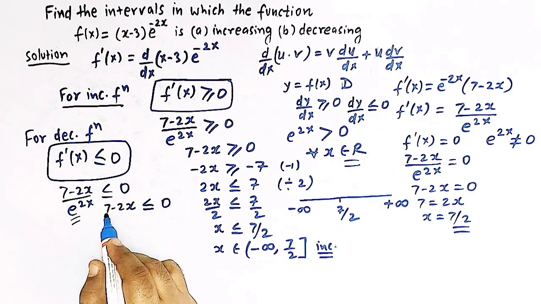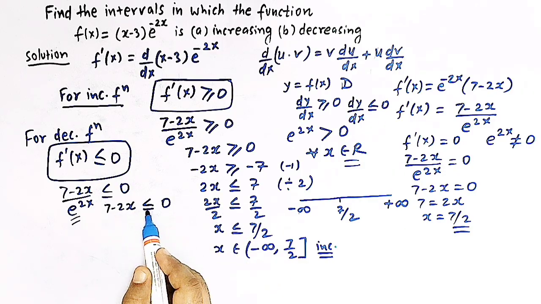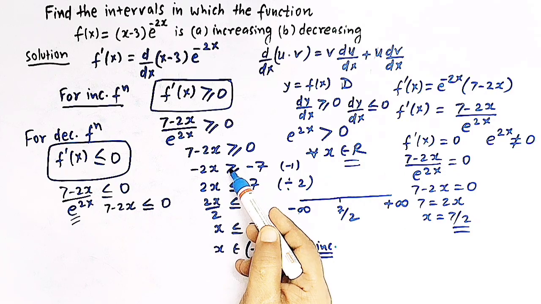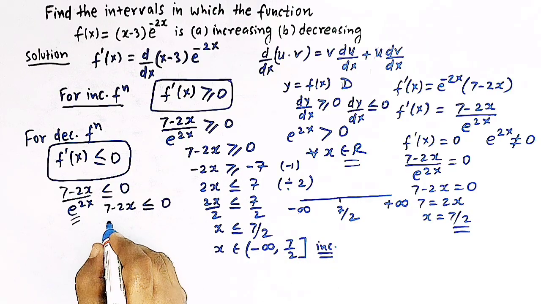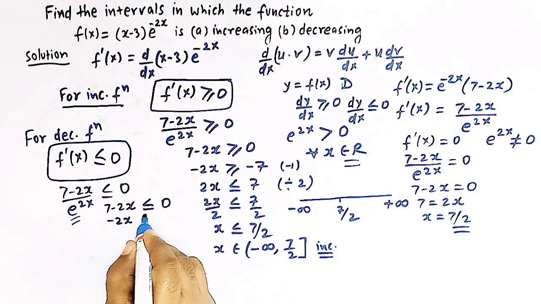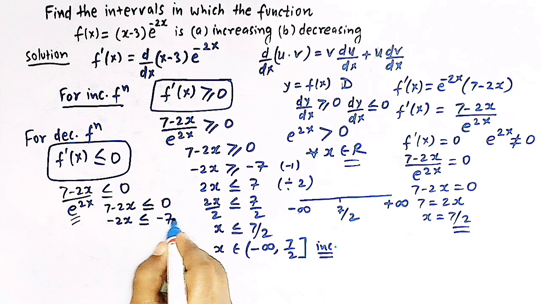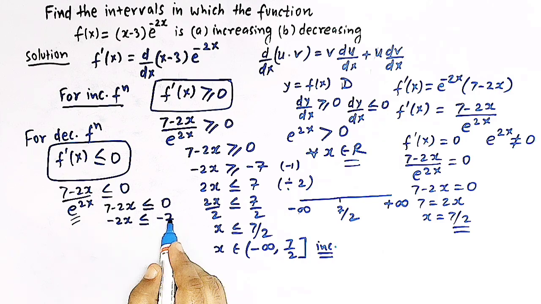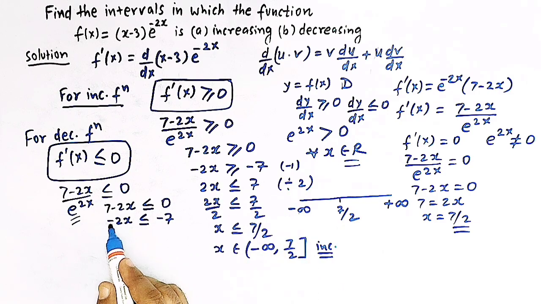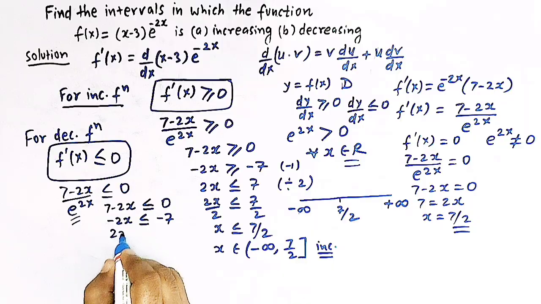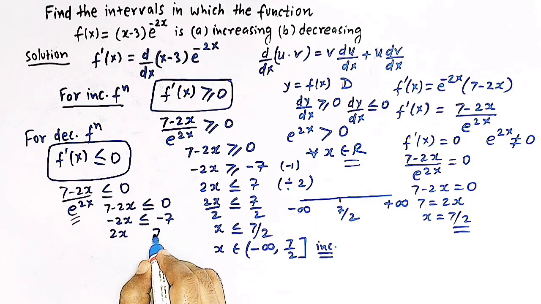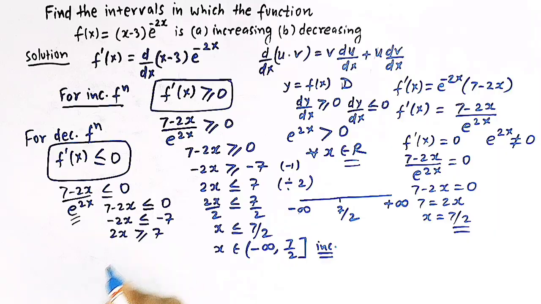So here we can solve this inequality as we have done in this case. So we have minus 2x less than or equal to minus 7. Now multiplying both sides by negative 1, here we have positive 2x, here we have positive 7, but the direction of the inequality gets reversed.